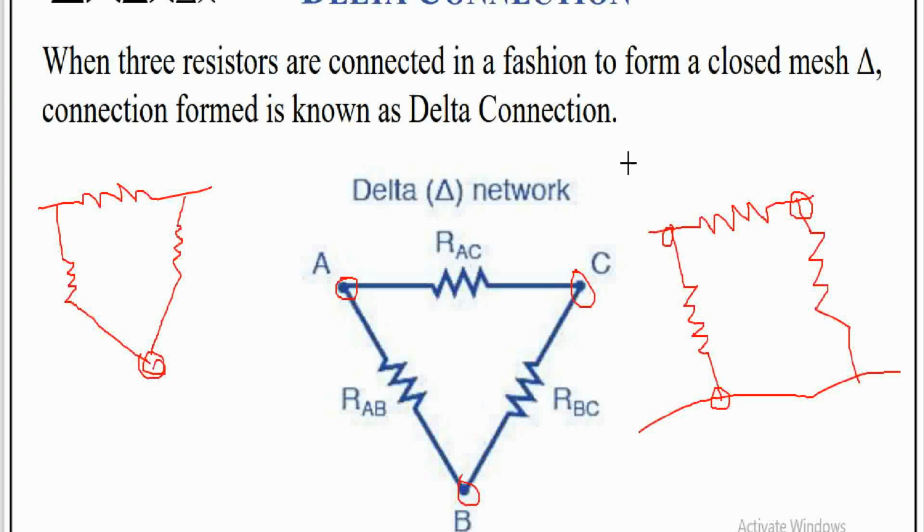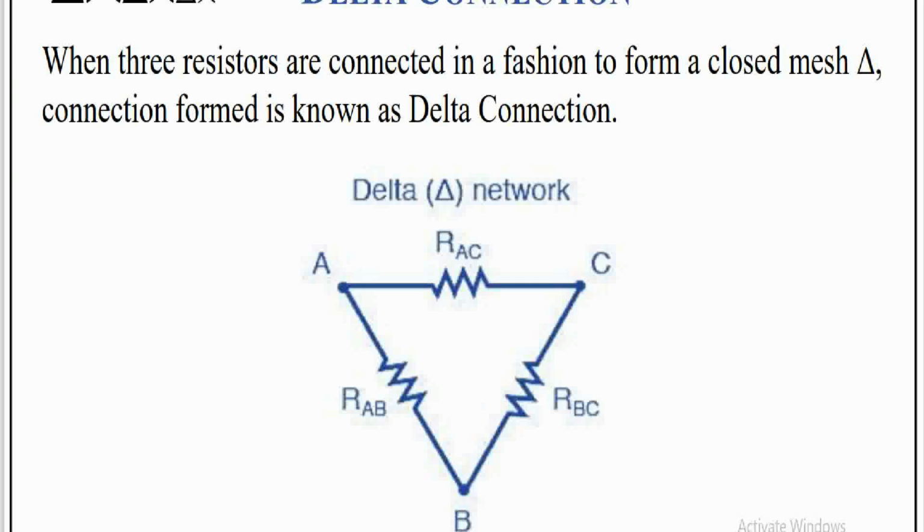This is how it looks. It is like a pi symbol. So the delta connection is also known as a pi connection.